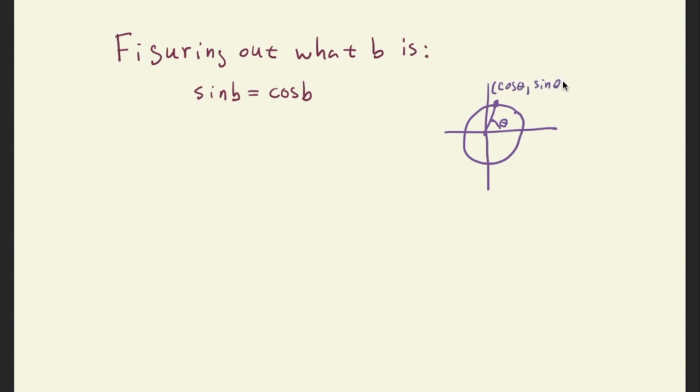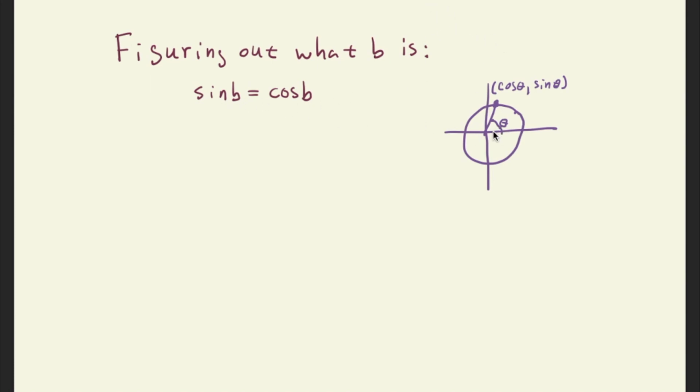And then if you want to solve sine of b equals cosine of b, you might look for what is the angle b where the x and y coordinates are going to be the same. That's one way that you can solve this equation.